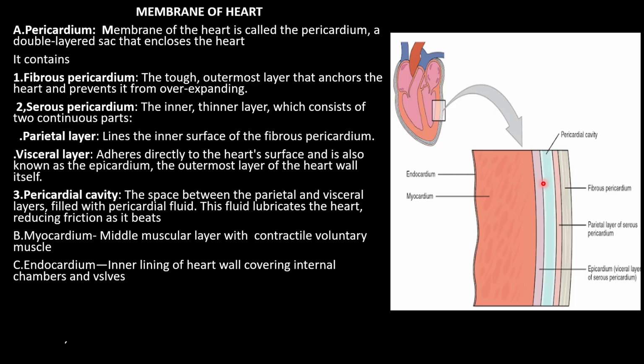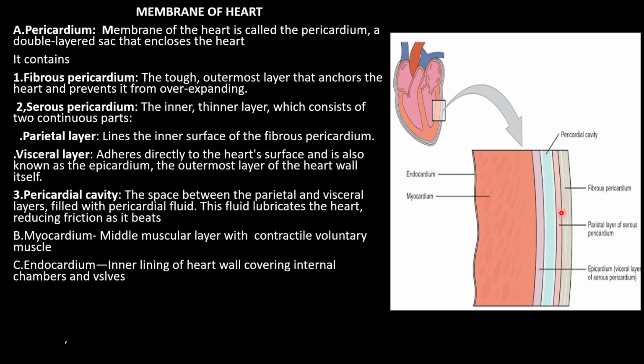Fibrous pericardium is the outermost layer, and after this serous pericardium, which is divided into two parts, one is called visceral layer of serous pericardium, another is called parietal layer of serous pericardium.